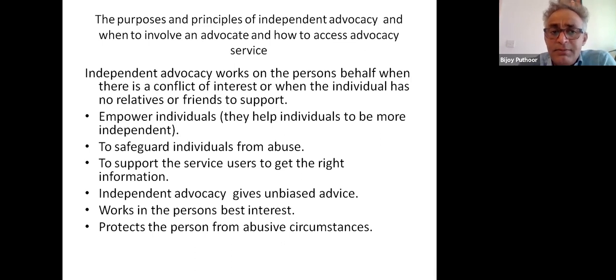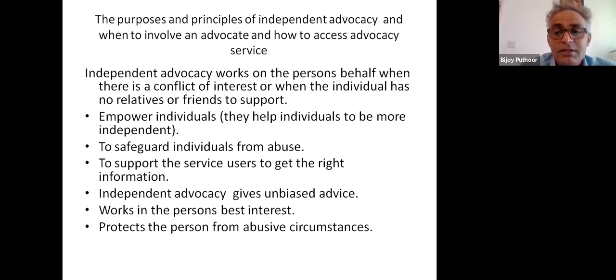The advocates help to look at everything from the individual's perspective, and they can help to empower individuals to do their own things. Like if someone is not independent in paying their rent, then they can make them independent. Advocacy can suggest getting empowered to meet their needs.